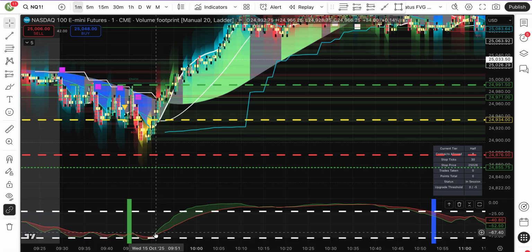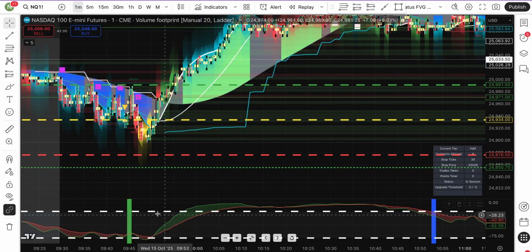Anything from 80 or less. Sometimes I'm a little wary if we're still down in the extreme, because it can chop there for a while if they're looking to accumulate a big position.